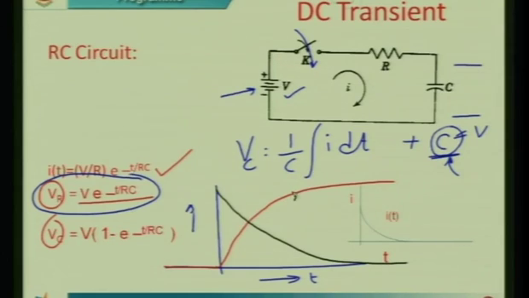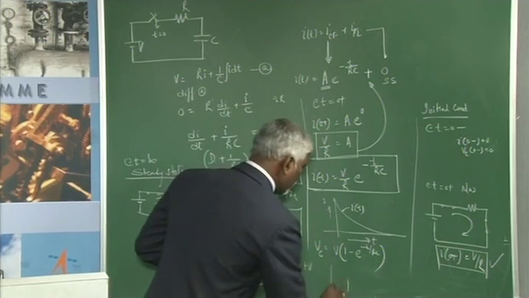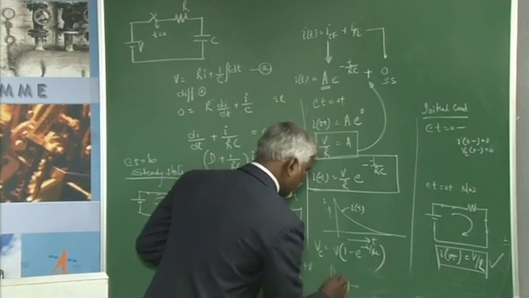The decreasing curve will be your voltage across your resistor, and this will be the voltage across your capacitor. So, if you plot these two, one will decrease, the other one will increase.